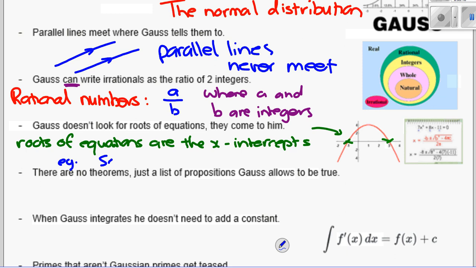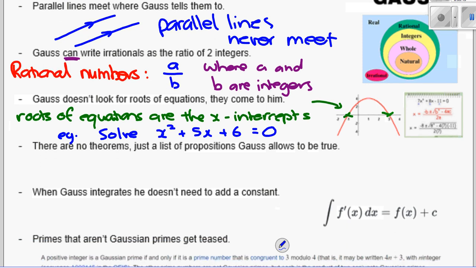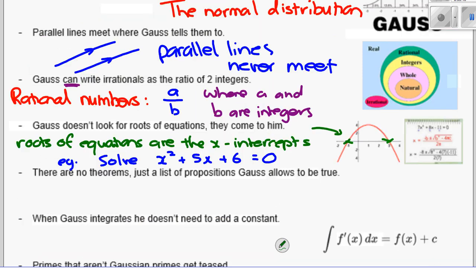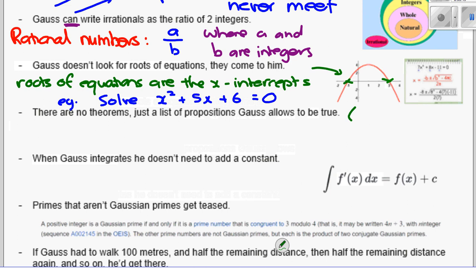For example, you solve x squared plus 5x plus 6 equals 0. If you solve that, you would get x equals something, x equals something. If you factorize that first of all, x plus 2, x plus 3.